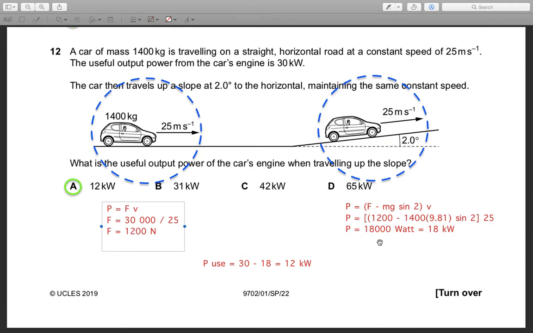So the useful power on this condition is the power output 30 minus the power when inclined 2.0, so 30 minus 18, and we get 12 kilowatts. So the answer is 12 kilowatt.